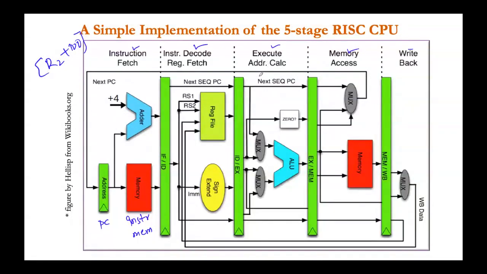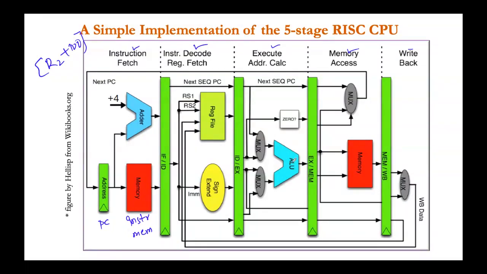And the components of the execution stage: for arithmetic instructions, no effective address needs to be calculated, so the next sequential program counter is passed on. But for memory reference instruction implementation or branch instruction implementation, the effective addresses will be calculated. To calculate the effective address, these multiplexers are used. And then the actual execution happens in the ALU.